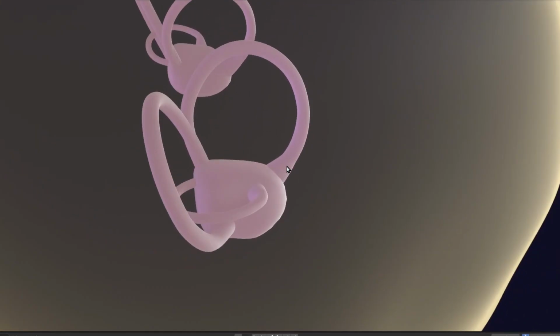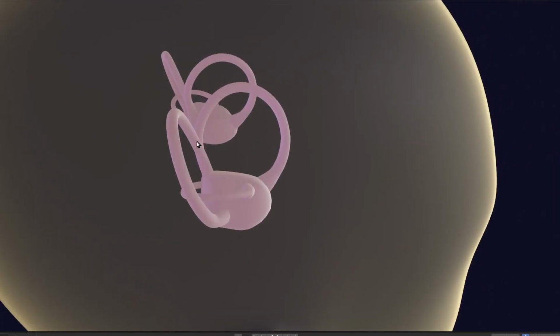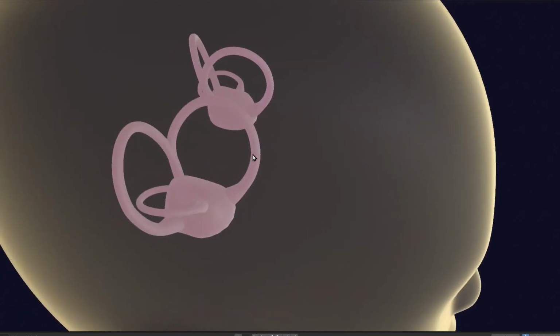So as you can see, the head is rotating like this, forward and backward, and in this kind of motion, the anterior or superior semicircular canal is the main canal that is involved.